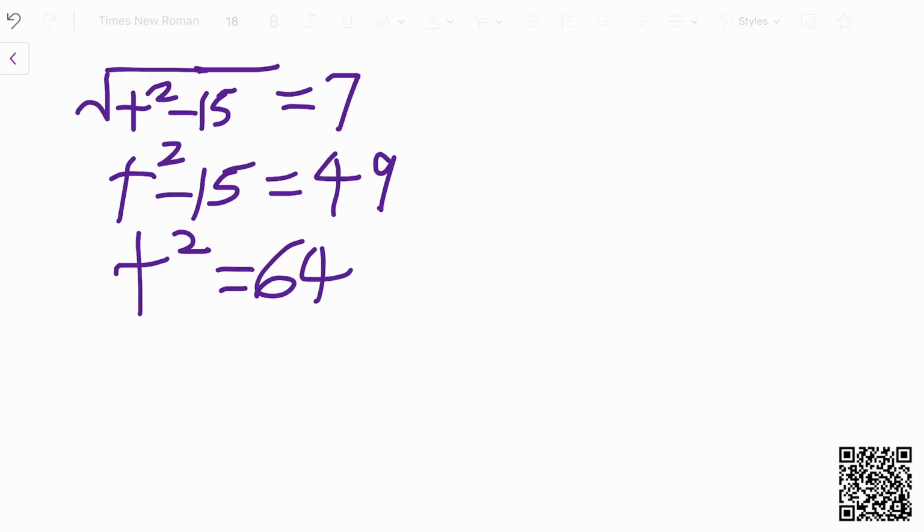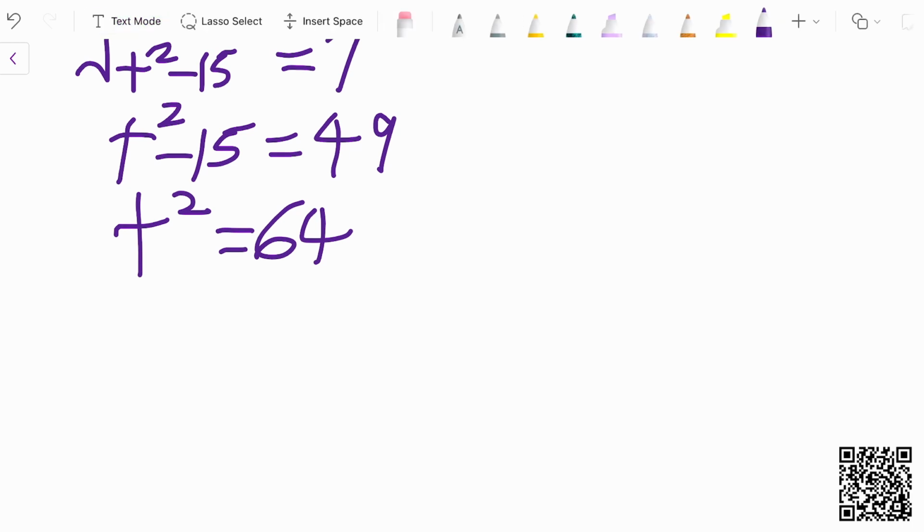And here is where the twist sort of comes in, because I explained this in a previous video, but I said, when you multiply two negative numbers together, you get a positive number. And the negative counterpart of t would also share its square, which means that there are two possible solutions for t in this situation. t can be equivalent to positive 8 or negative 8.